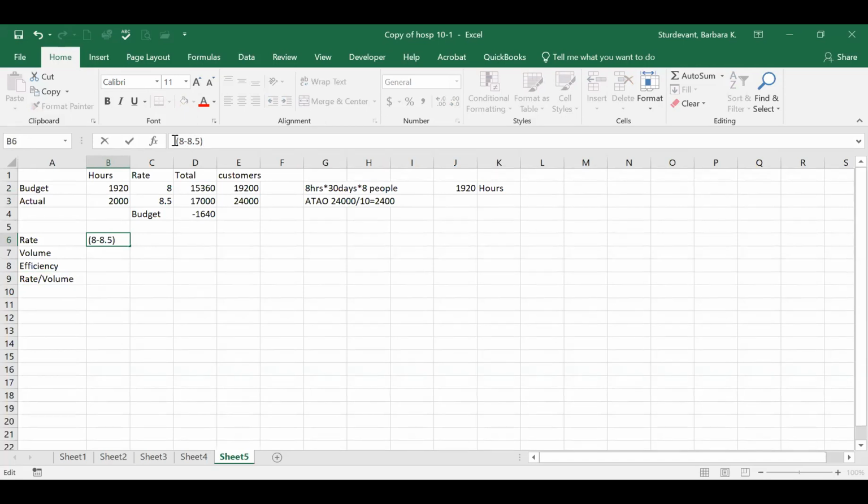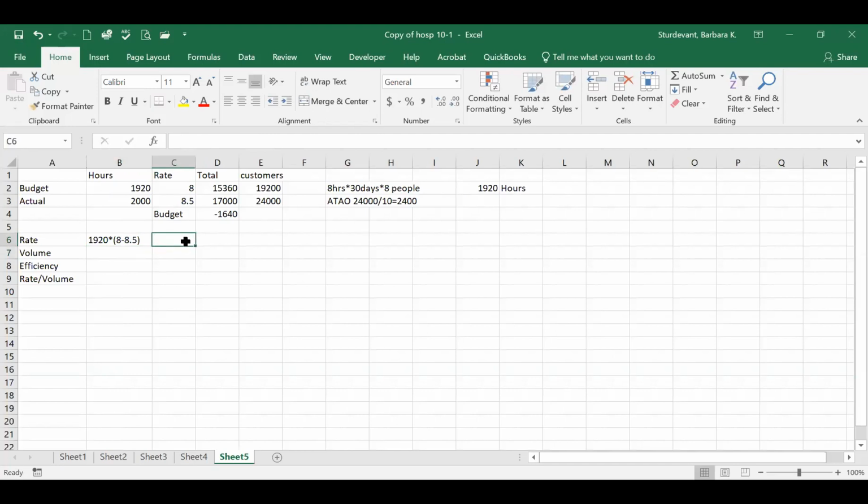And then we always multiply that by the budgeted hours. Keep your fingers crossed. I think it's coming back on. Hopefully. Okay, so that would be our rate variance.